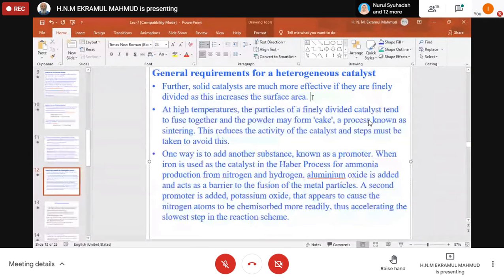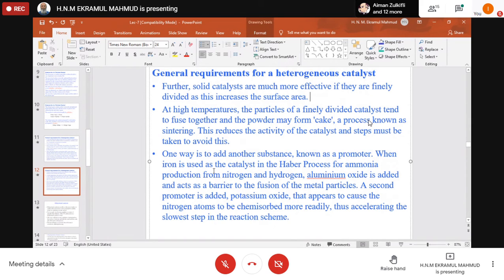So this reduces the activity of the catalyst, and steps must be taken to avoid this. One way is to add another substance that is known as a promoter. A promoter helps the catalyst to speed up. Catalyst is also there to speed up, but an additional thing is done by this promoter.